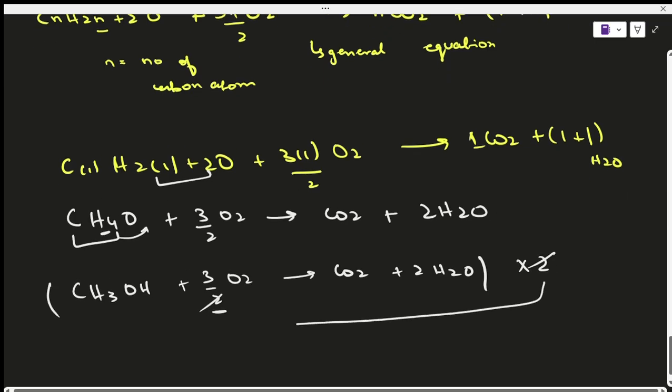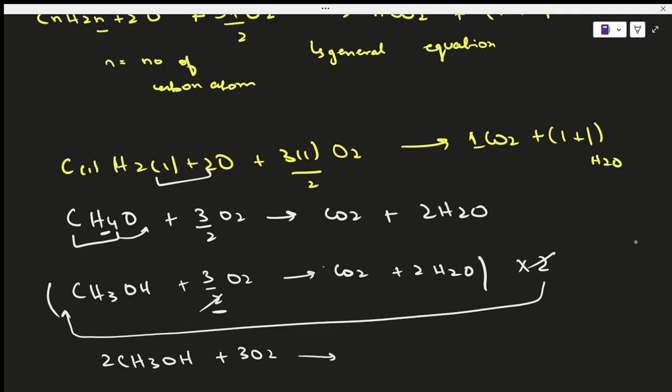This gets multiplied here, so this is 2CH3OH plus 3O2. And then this multiplies here, so this becomes 2CO2. This multiplies here, so this becomes plus 4H2O. And now this is your final equation.